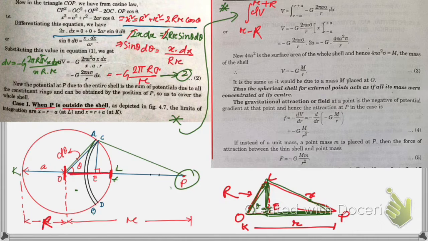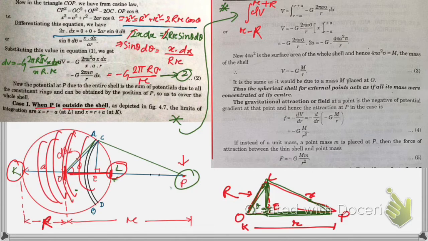So we are going to integrate from this point K to the point L, right? Because we are going to find the potential due to all the rings, so I have divided this sphere into a large number of rings, right? So to find that potential for all the rings that I have divided the shell into.